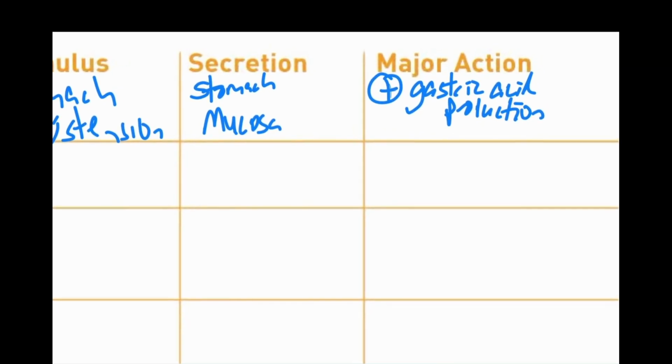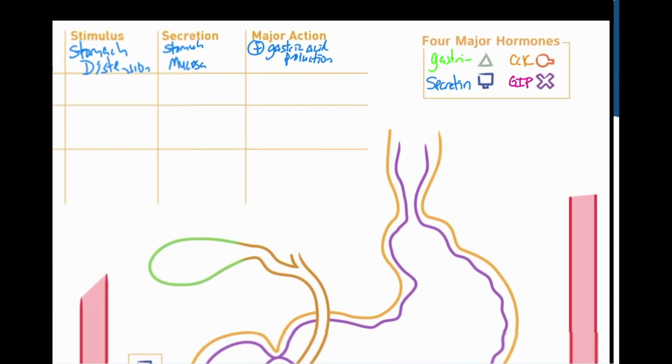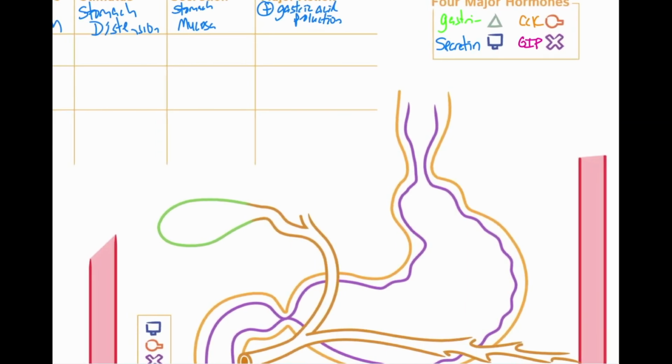So, gastrin, we said, occurs when? Stomach distension. So let's put a food bolus here, and it pushes out on the area around it. And when it does that, it causes secretion.